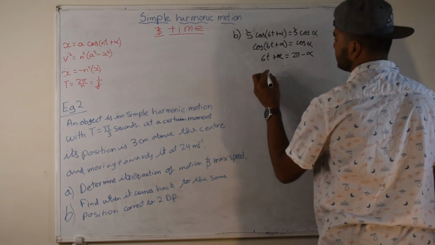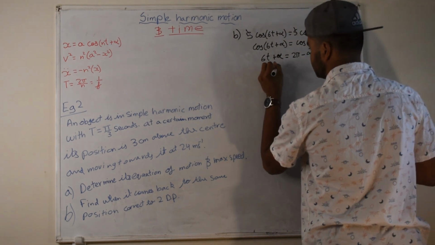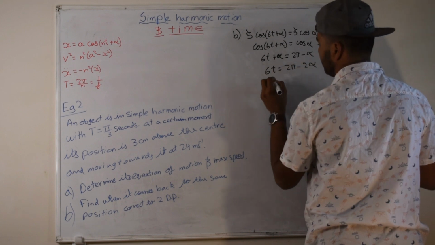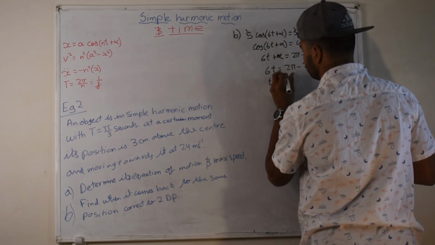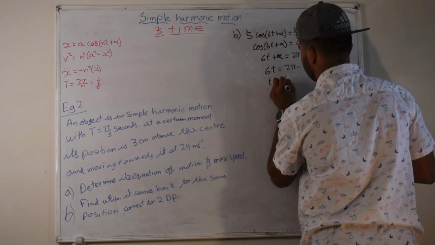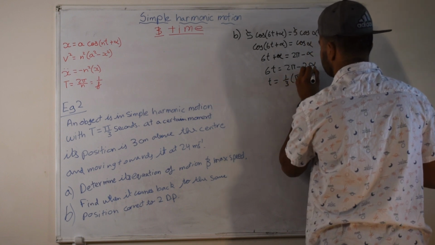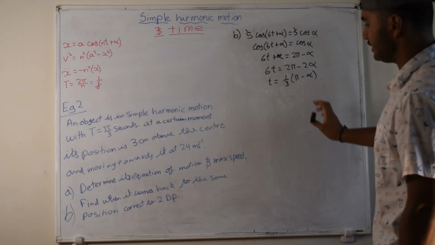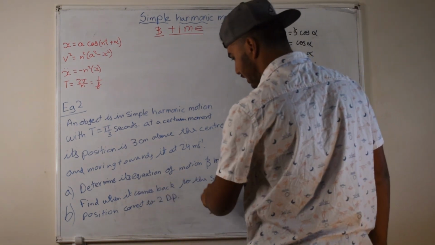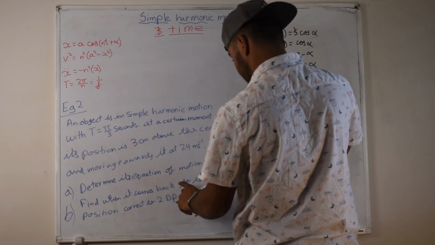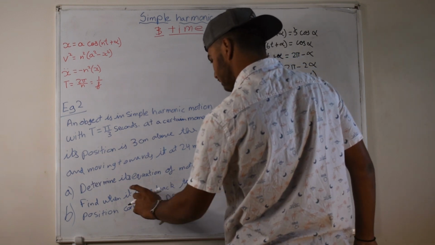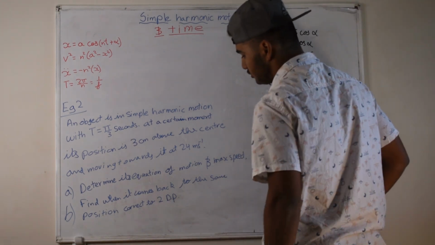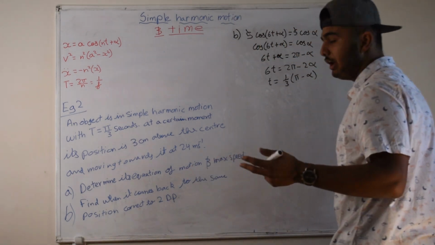Further simplify this. 6t equals 2 pi minus 2 alpha. t equals 1 upon 3 times (pi minus alpha) in this case. So at t equals this, that is when this comes back to the same position, asking us to do it in 2 decimal points.